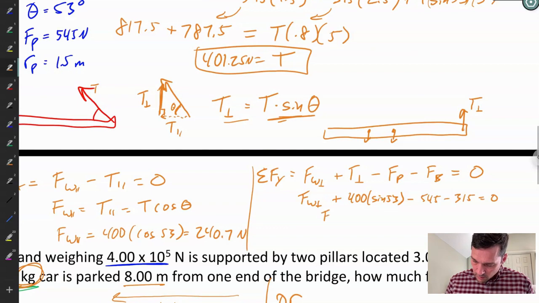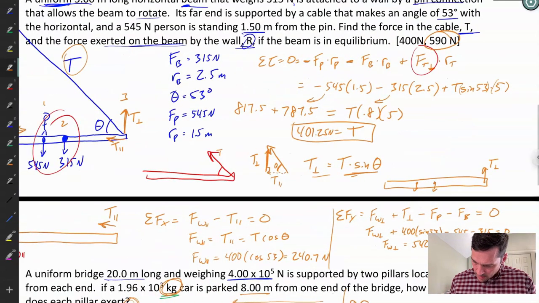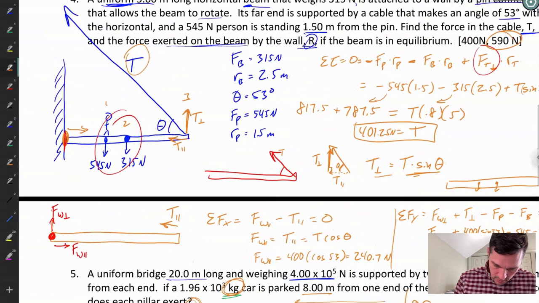So the force of the wall perpendicular to the beam is going to equal 545 plus 315 minus 400 sine 53, which is 540 newtons. And all right, so there's 540 newtons this way.